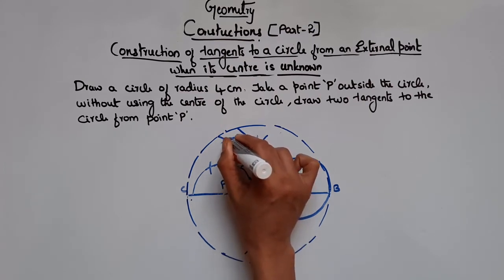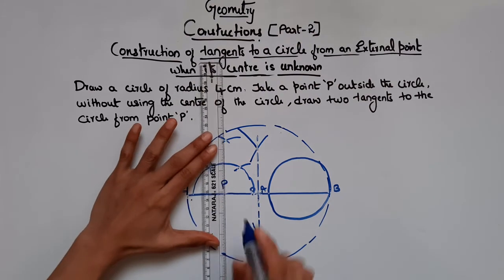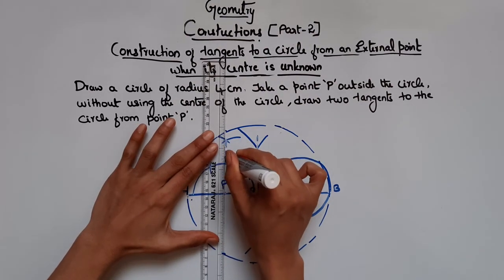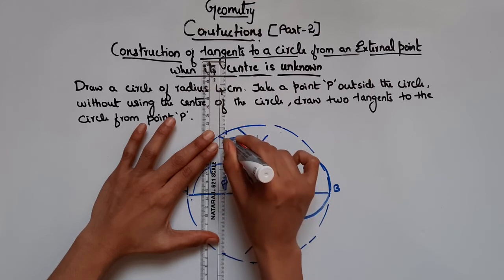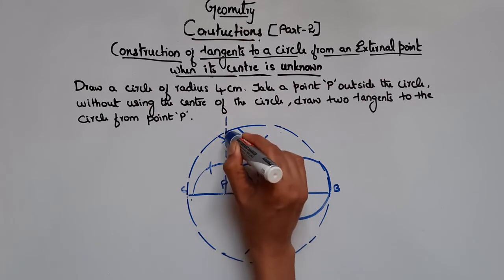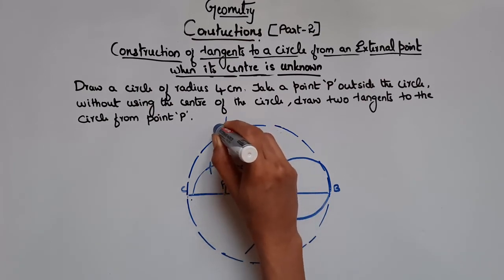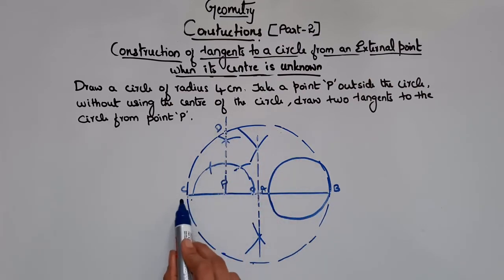You will join this point to the point P. Produce this line to meet this circle. So this point of intersection, let's take this point as D. So now PD is perpendicular to CB, right?